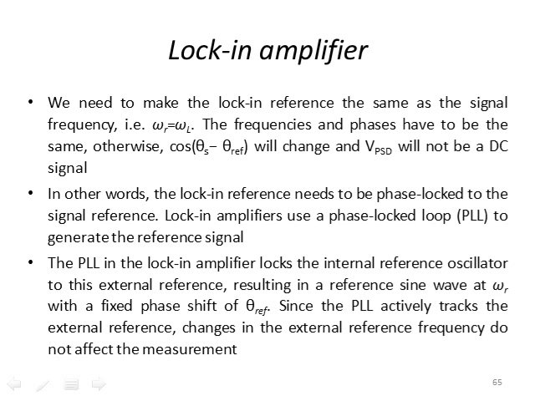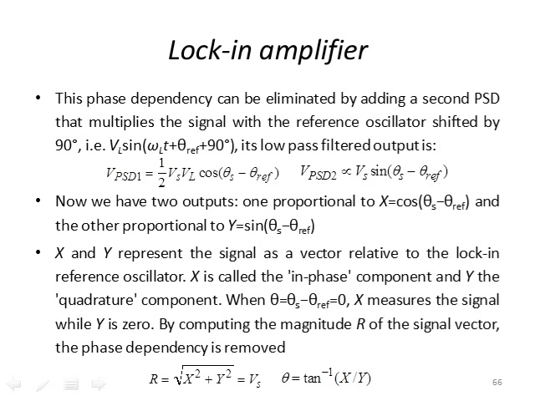And lock-in amplifiers use a phase lock loop to generate that reference signal. The PLL in the lock-in amplifier locks the internal reference oscillator to this external reference, resulting in a reference sine wave at omega_r. The PLL actively tracks the reference. Changes to the external frequency do not affect the measurement.